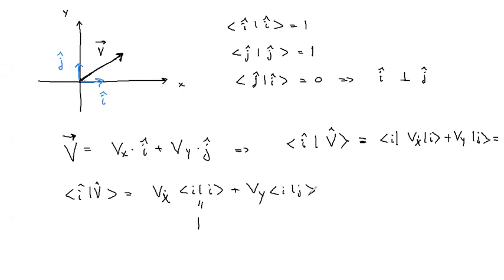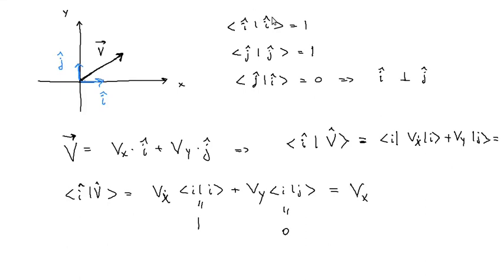I and J? 0. So then you can find Vx as just the dot product between vector I and V.